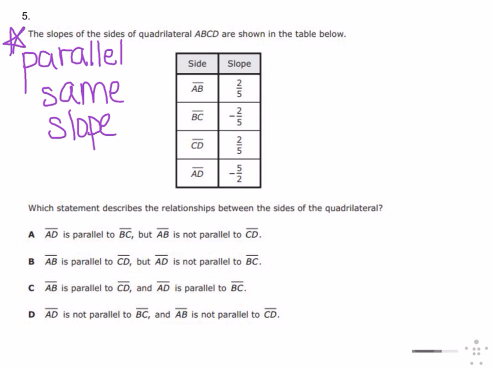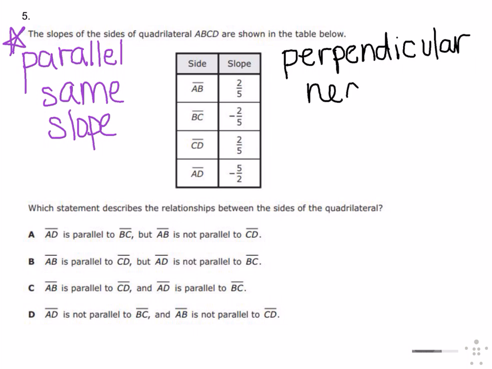And then the other one is that they are perpendicular. Perpendicular lines will have the negative reciprocal.